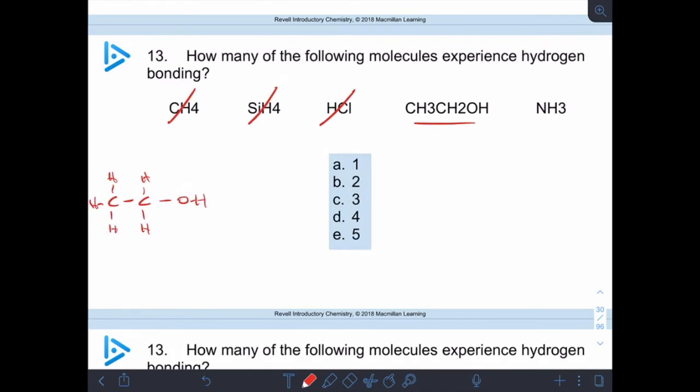Do we have our criteria for hydrogen bonding? The answer is yes. And then ammonia. That's supposed to be an H. Hydrogen bonded directly to oxygen, nitrogen, or fluorine. So we have 2 compounds here that can do hydrogen bonding.